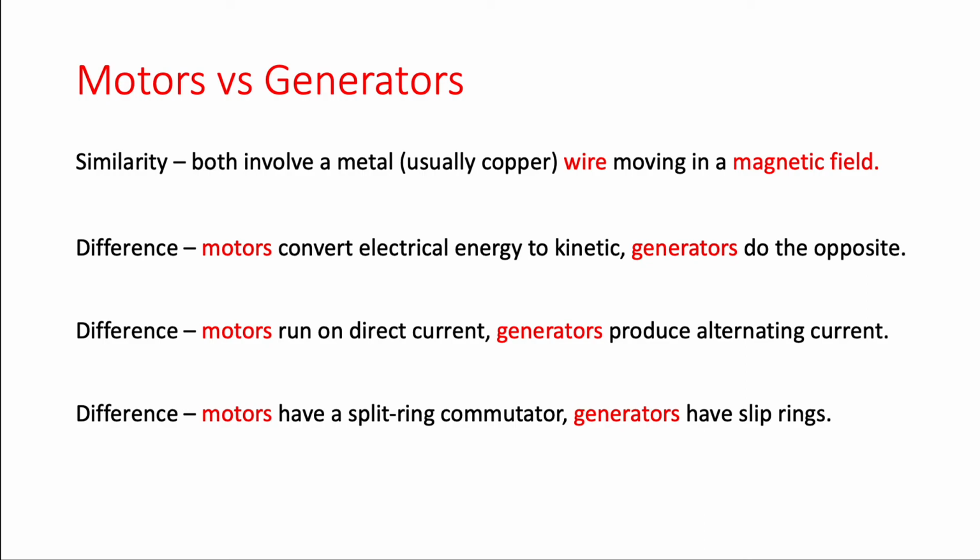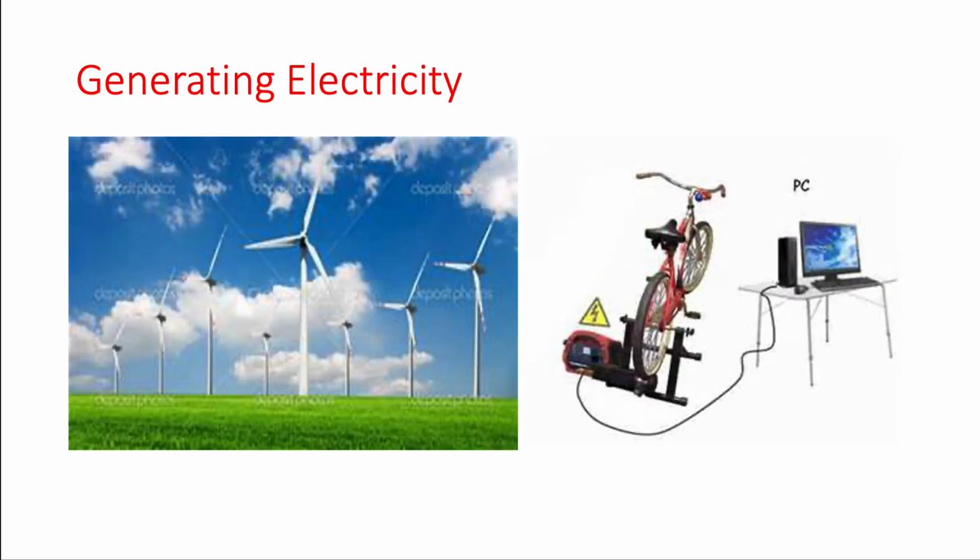Difference, key one, where a motor has a split ring commutator, generator has a set of slip rings. Okay, a set of slip rings, and those are crucial to the operation, as we have explained in the previous slides. Now, what we'll talk about later is the idea of generating electricity.